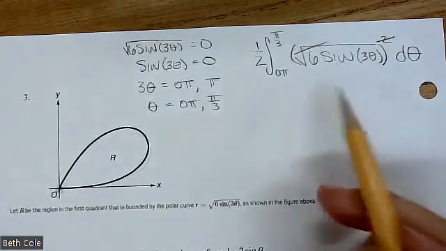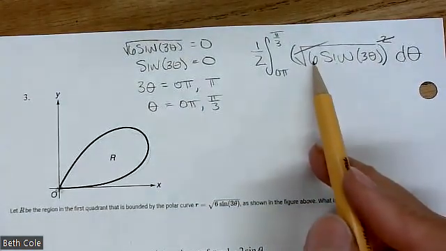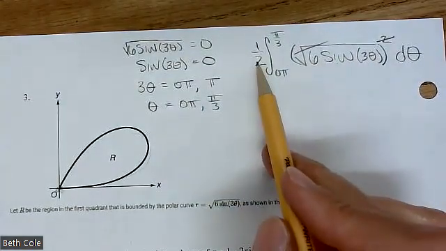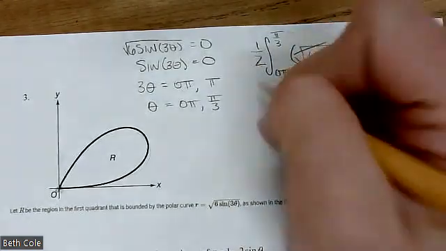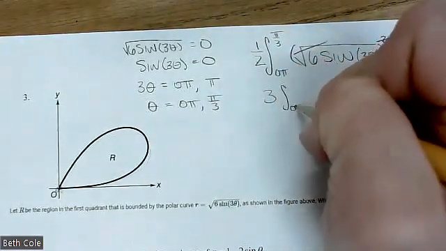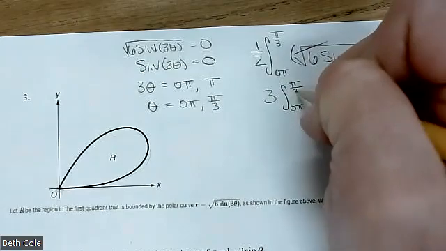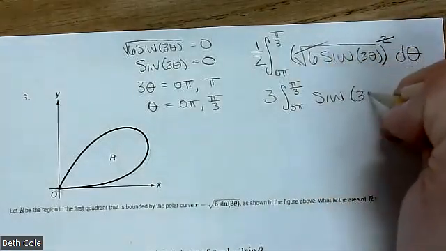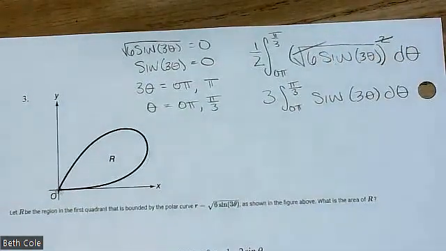So I'm actually going to clean that up a little bit. Those would cancel. You would have 6 and then out front a half. So half of 6 would be 3. If you're good doing that in your head, that's cool. I just wanted to clean it up a little bit so it looked a little nicer.